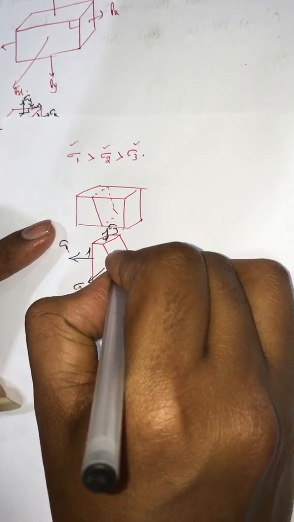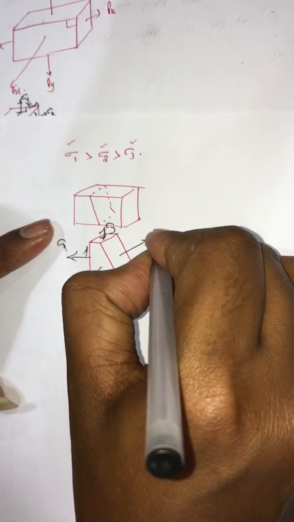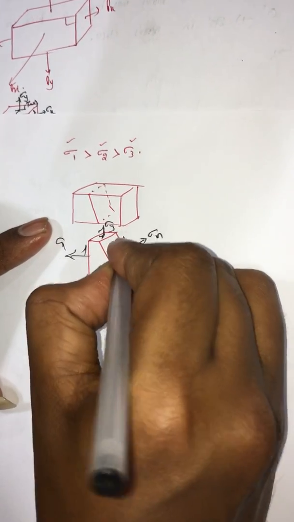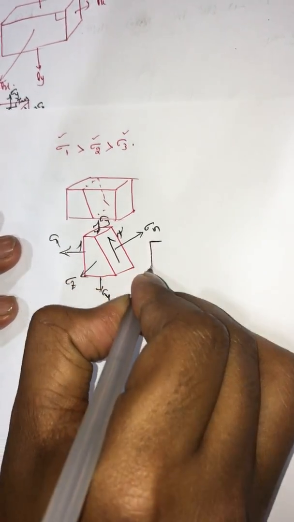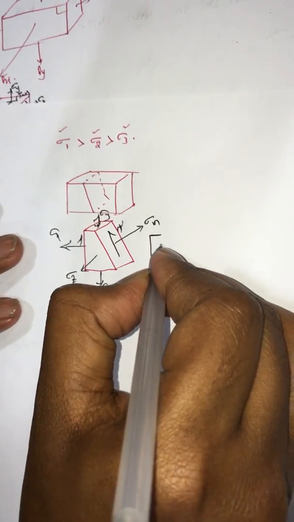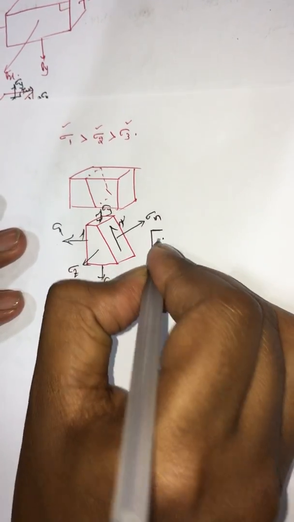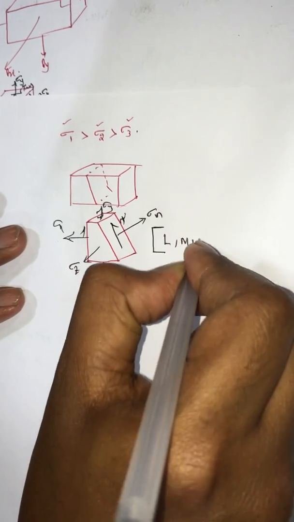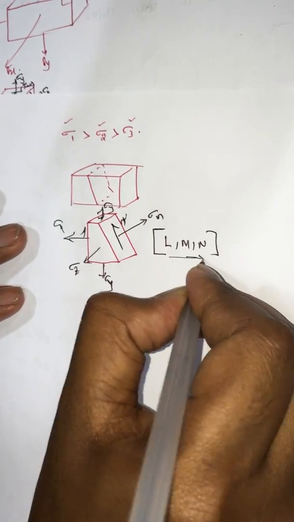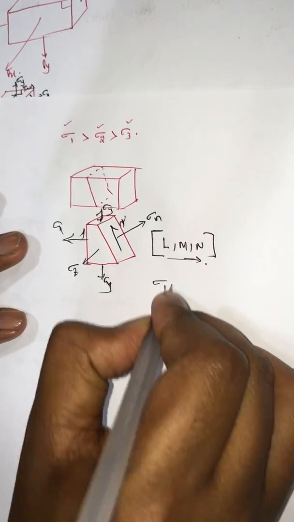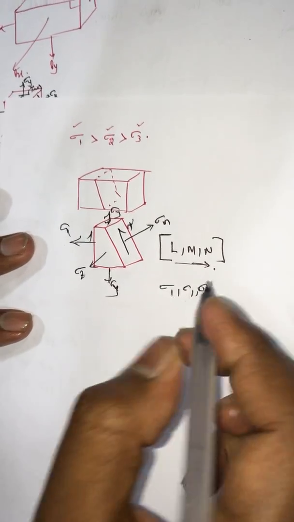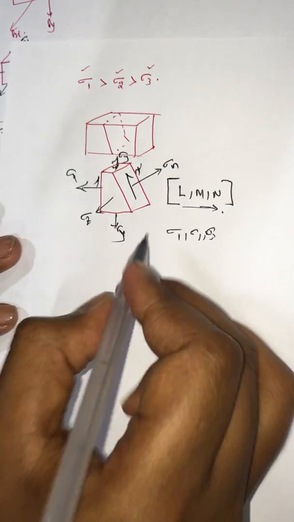In this oblique plane you have a normal and a shear. Every oblique plane has a normal vector with components l, m, n. Depending upon this normal vector, you have to find the direction cosines in terms of sigma 1, sigma 2, sigma 3. Then you can construct the 3D Mohr circle easily.